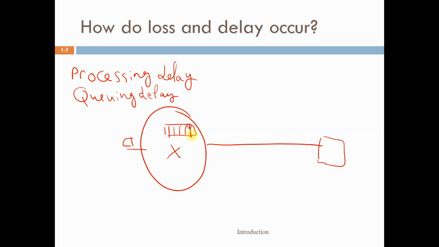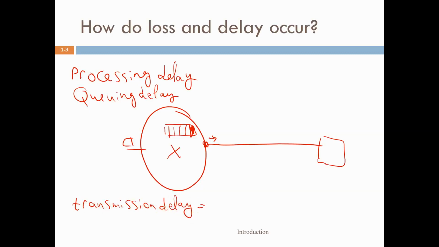Once the packet reaches the front of the queue, then the router will start to transmit it. Again, this is not a zero delay process. The router will actually transmit it one bit at a time. It will take one bit, convert it to electrical signals, and then send it over the line. Okay. The rate at which the router is capable of transforming bits into electrical signals is called the transmission delay.